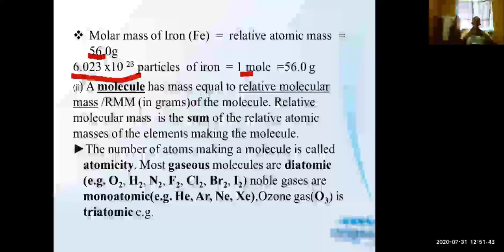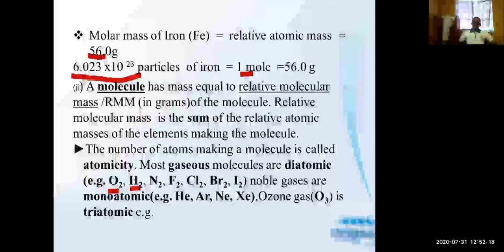We know that the number of atoms making a molecule is called atomicity. So the atomicity is the number of atoms making up a molecule. Most of the gaseous molecules are diatomic. Diatomic means they have two atoms. Oxygen gas has two oxygen atoms.